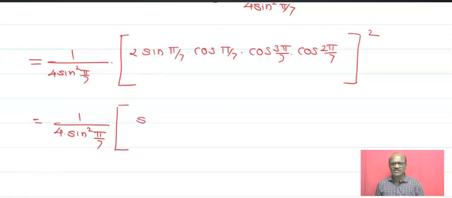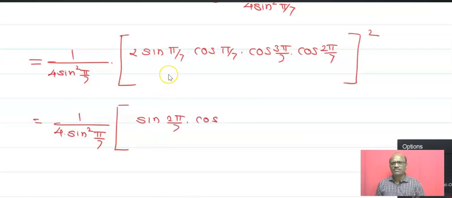Now what is happening here? Now see this here. We'll apply here the formula. This is a very important formula: sine of 2 times theta is equals to 2 sine theta into cos theta. In the same way, 2 sine of pi by 7 into cos of pi by 7 is nothing but sine of 2 pi by 7.